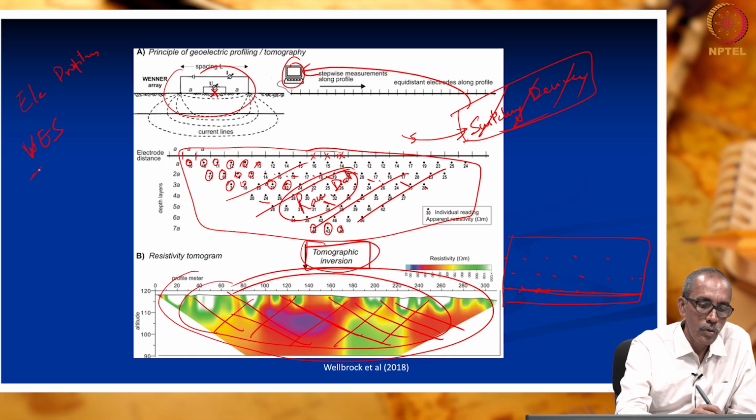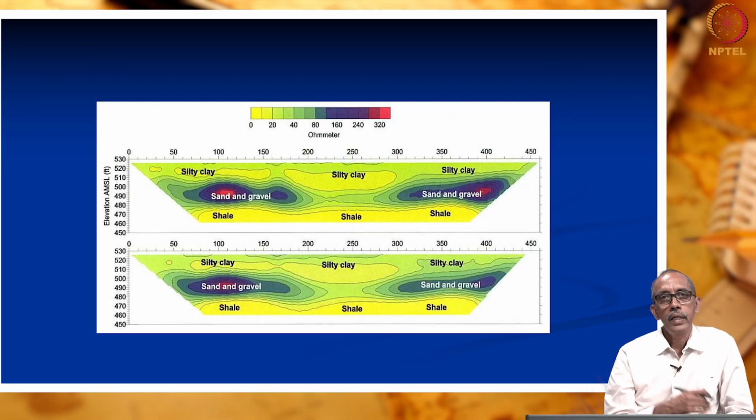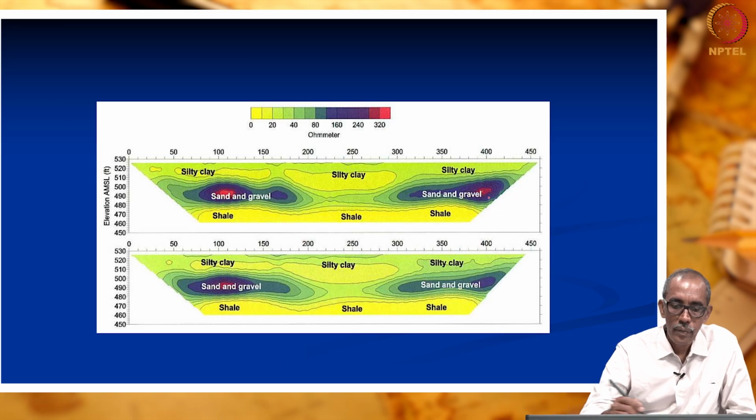Now, we are seeing tomogram or 3D. Okay. So, when we do a 3D survey, we end up getting the subsurface sections, right. Sections can be converted into true resistivity sections. How? By inversion.